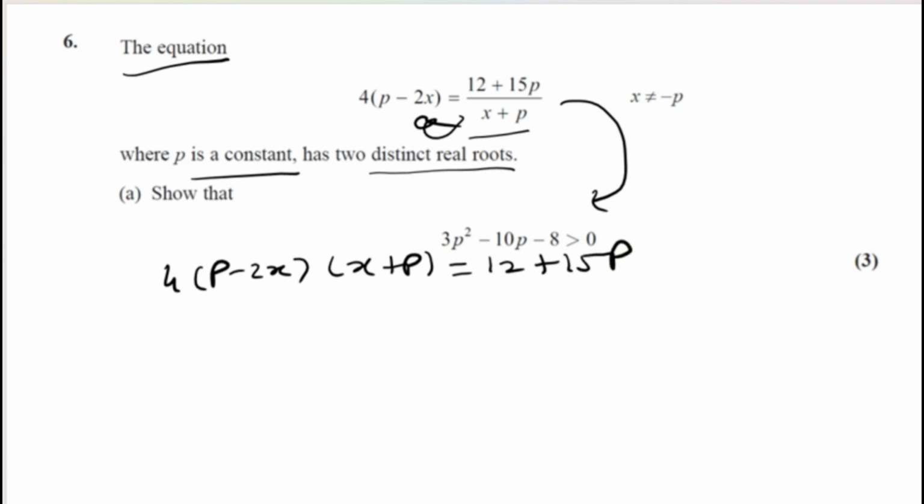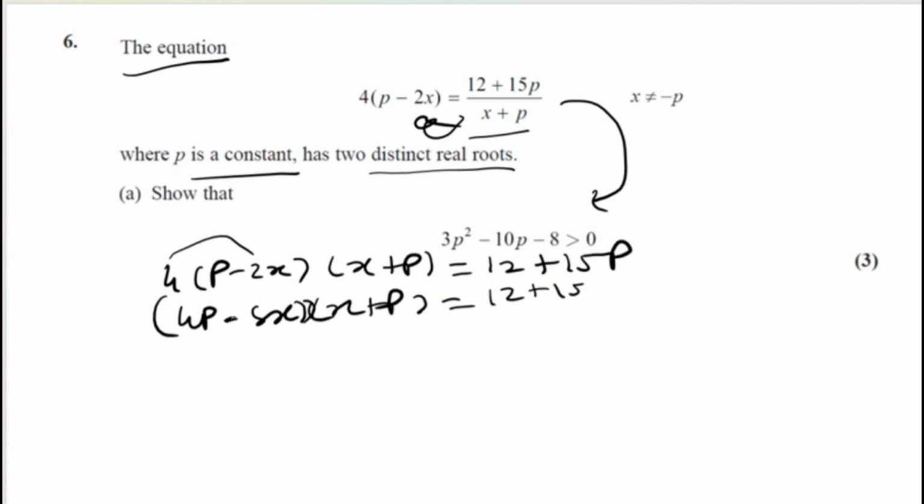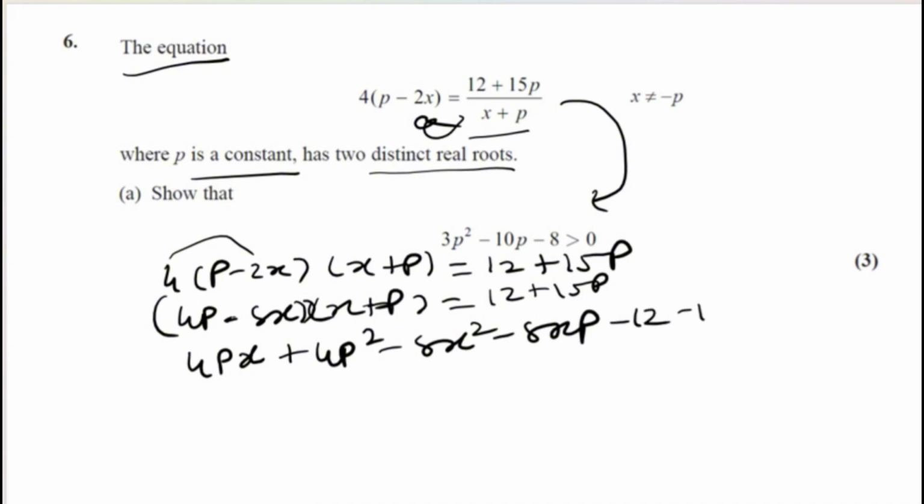Okay. First I am multiplying 4 with this bracket. So (4p minus 8x)(x plus p) is equal to 12 plus 15p. Expand the brackets. That will give us 4px plus 4p squared minus 8x squared minus 8xp minus 12 minus 15p is equal to 0.